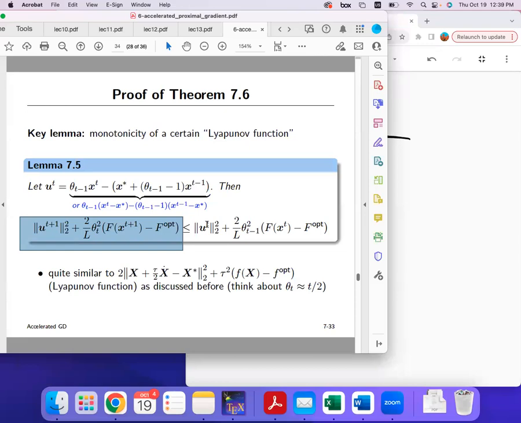So this inequality essentially says that such a Lyapunov function is monotonically decreasing. So this is the Lyapunov function associated with the algorithm.